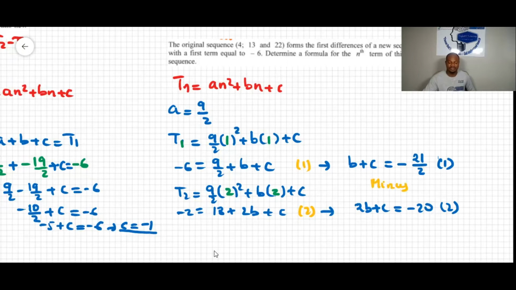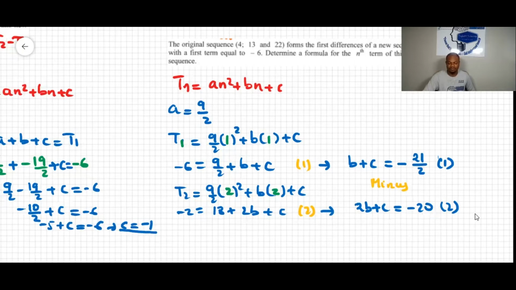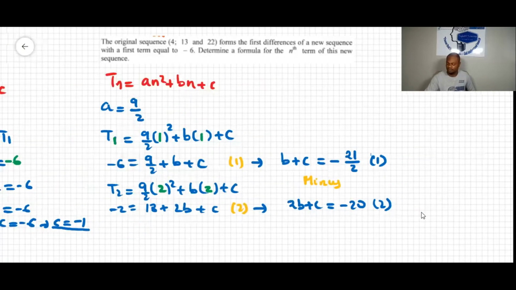This will be b minus 2b, which is -b, c minus c, which is 0, and -21/2 minus -20, which is positive 19/2. So -b equals 19/2, and b will be equal to -19/2.